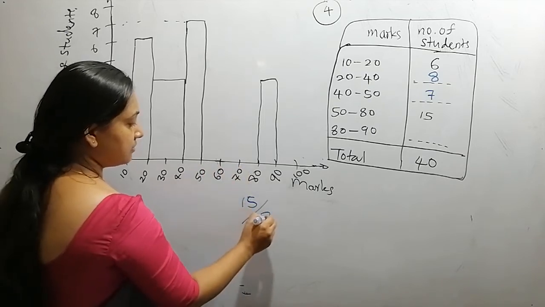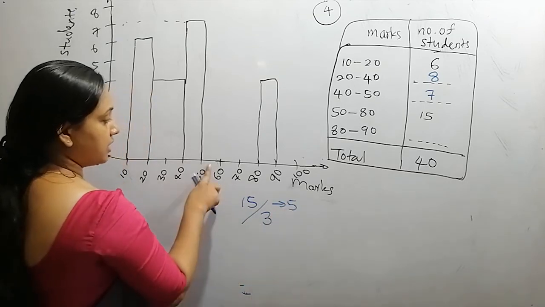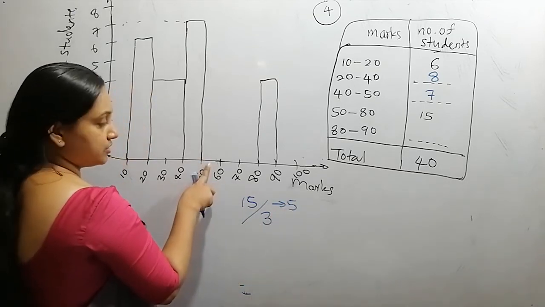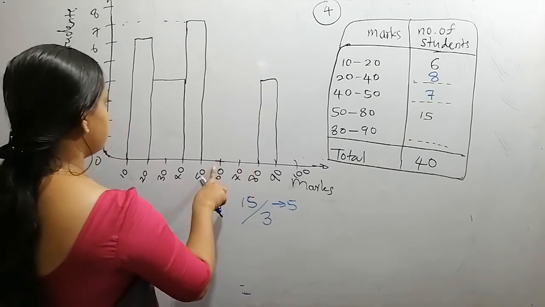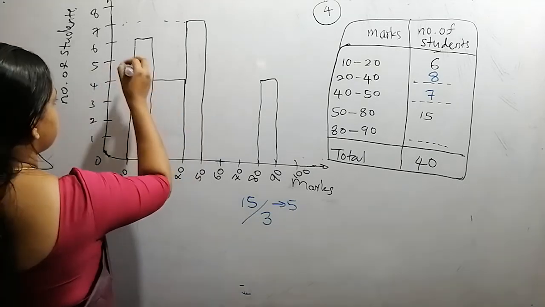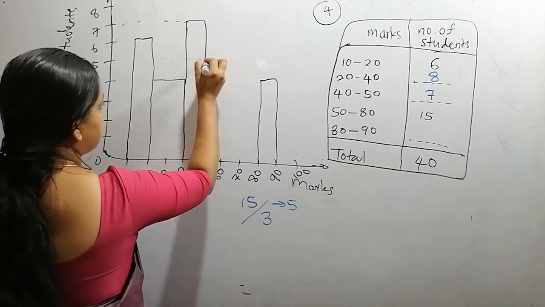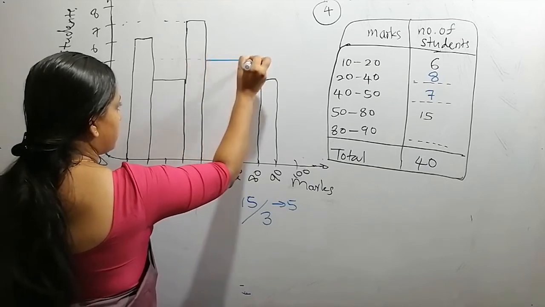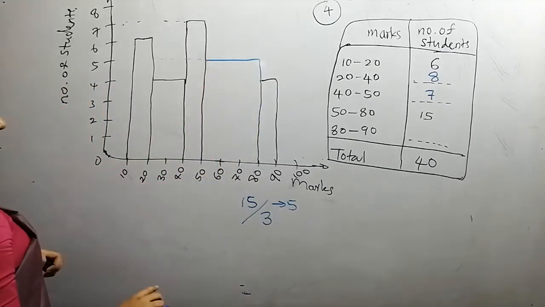If divided by 3, there will be 5 students for one group. In this group 5 students, here 5 students, and here 5 students. Then we can complete this histogram. It should be 5 students, so for this level we mark 5 students. This is the complete histogram.